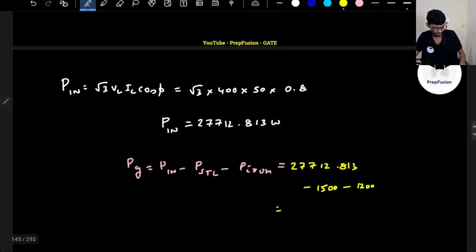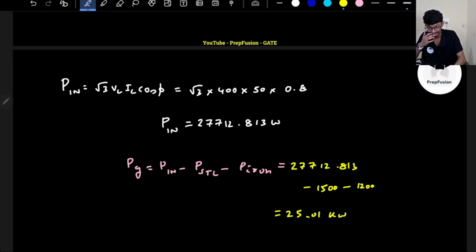I want to write it in kilowatts, so divide by 1000. It comes out to be almost 25 kilowatts, 25.01 kilowatts. So this will be the answer.